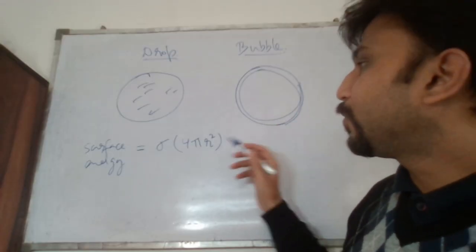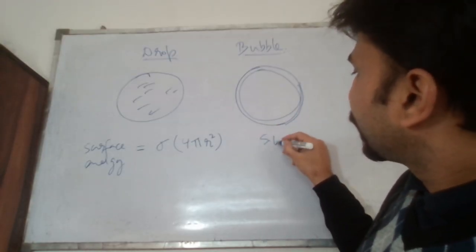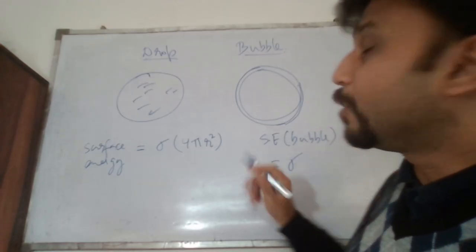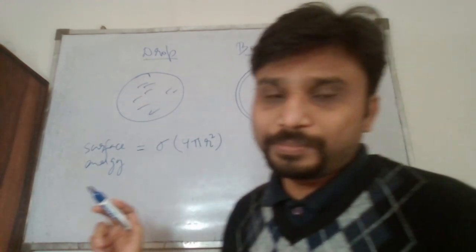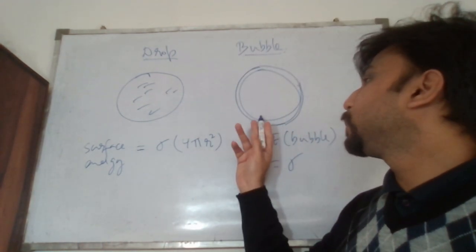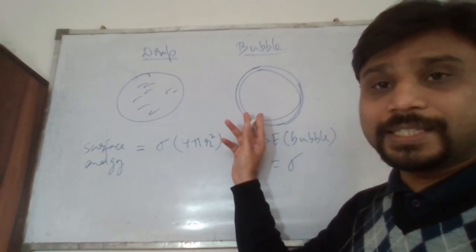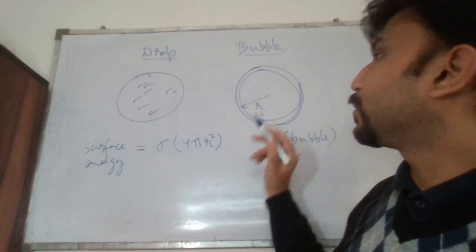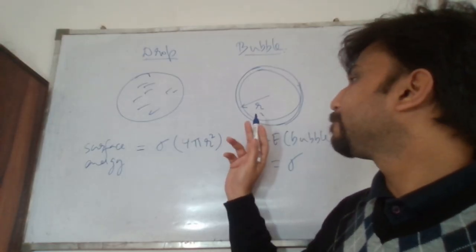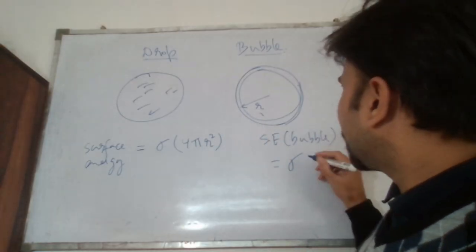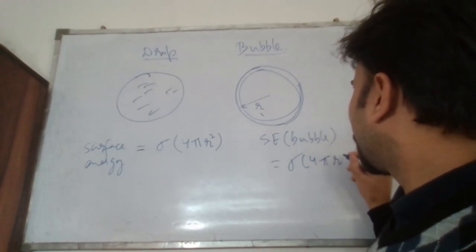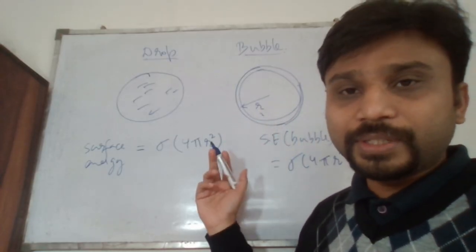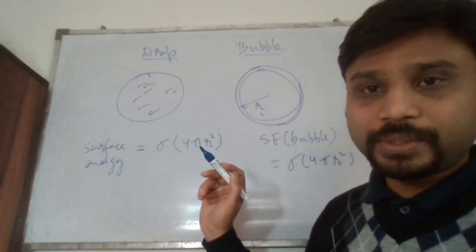Next, in case of a bubble, how many surfaces are there? That is a tricky part. There are two surfaces. First surface which is inside and second surface which is outside. So the radius of the bubble is, let's say, some r. It would be 4 pi r square, the surface area of the inner surface, and that of the outer surface will also take the same.